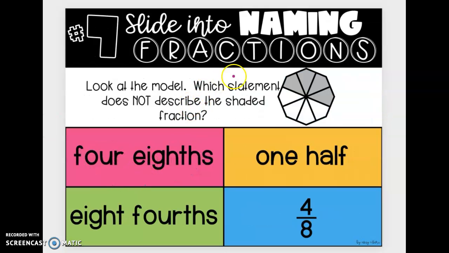Look at the model. Which statement does not describe the shaded fraction? Well, I don't want you to be scared looking at this one because it's broken up into 1, 2, 3, 4, 5, 6, 7, 8 pieces. We don't even have to pay attention to that. We can look at this shape and know that half of it is shaded.